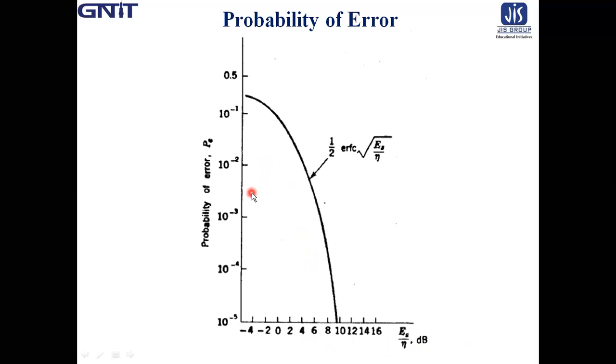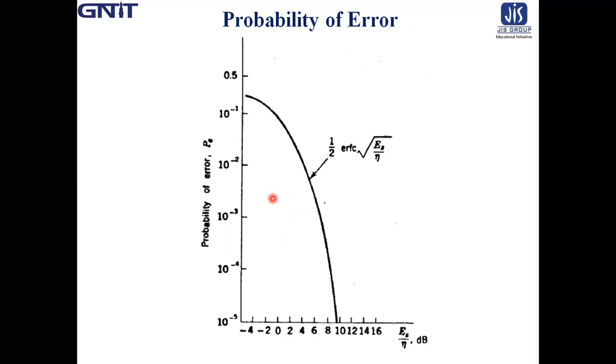Thus, even if the signal is entirely lost in the noise, so that any determination of the receiver is a sheer guess, the receiver cannot be wrong more than half the time on the average.